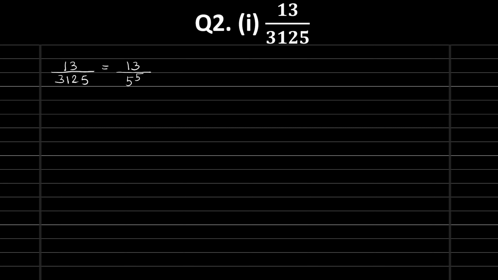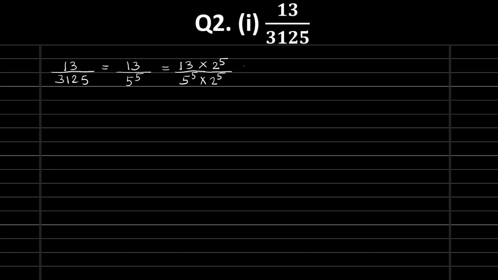While writing the decimal expansion without actually dividing, we have to make sure that the exponents of 5 and 2 are the same number. In the denominator we have 5 raised to 5, so we will multiply it with 2 raised to 5. And this cannot be done only in the denominator. We have to do it in the numerator as well.